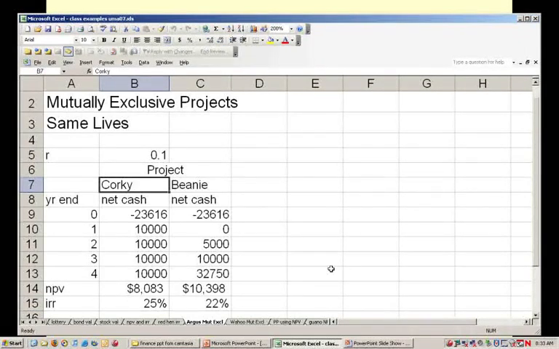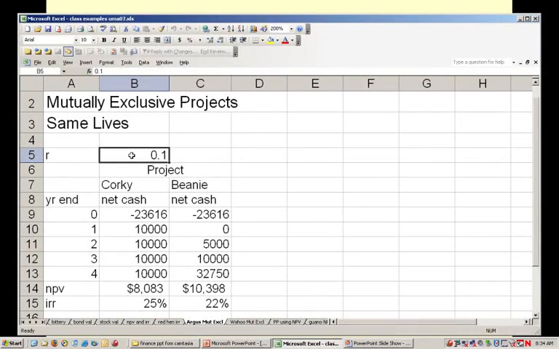But which of those assumptions about opportunities for reinvesting the funds is more realistic? Is it realistic to think that Argus can find other projects that generate 25%, which is really a special rate of return particular to the Corky project, or that Argus in general is looking for projects that can generate returns somewhat higher than the discount rate?